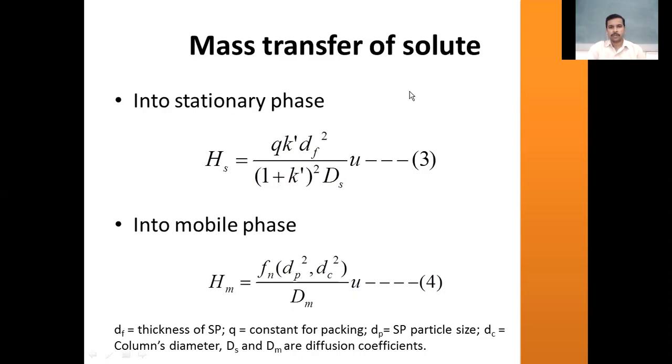So therefore, the mass transfer of the solute will also contribute to the band broadening in chromatographic separation process. I will show you a video here exactly how the eddy diffusion term, longitudinal diffusion, mass transfer of the solute in the stationary phase will affect the band broadening process.